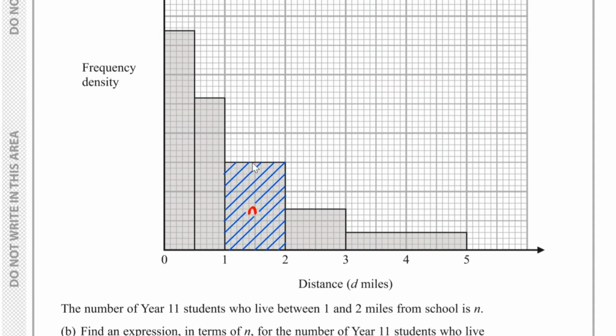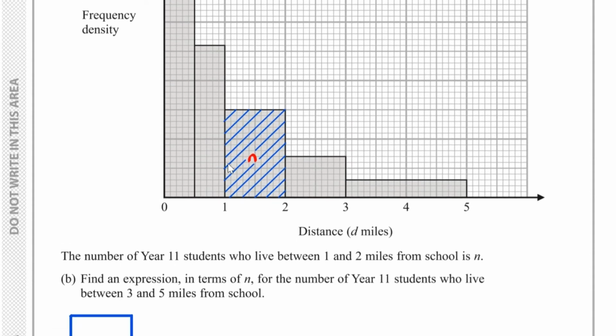Now this height then is split up into 3 tinier bars, which means that for each one of these we would have n over 3.